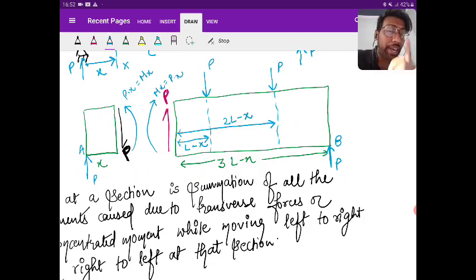Now, to obtain this clockwise moment as a resistance for the right block, the moment caused by the three loads should be in the anti-clockwise direction.